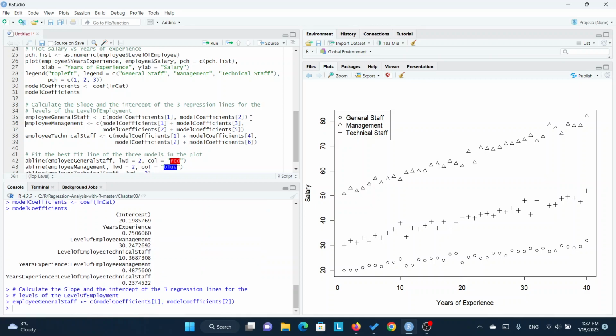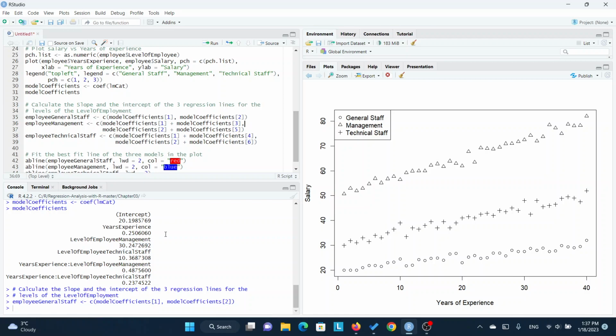So let's run that. Okay, and let's figure out the intercept and the slope for the level of employee of management. And the intercept for that is going to be 20.1985769 plus the 30.224726982.